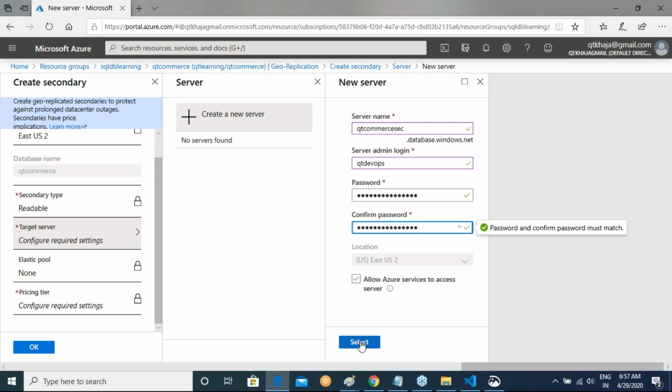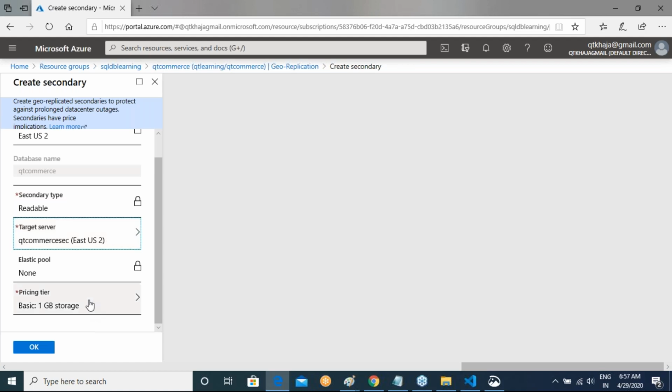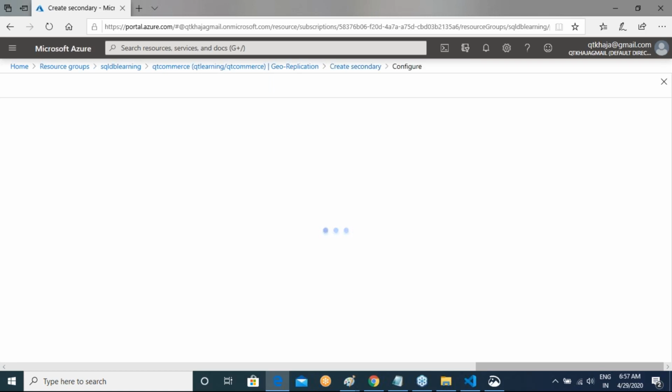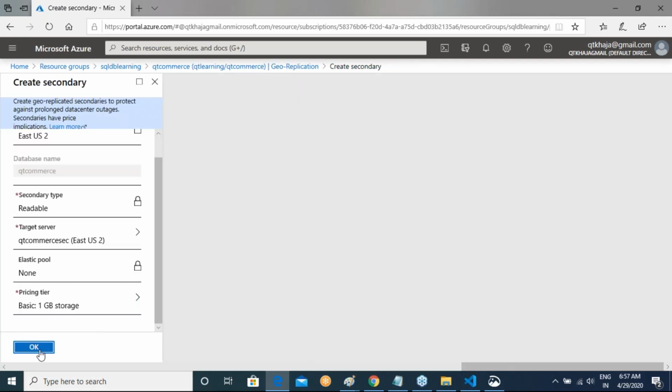So I've selected a server. Then if you remember, it is asking me about elastic pool. We know what this elastic pool is, and by default it will try to suggest the same kind of machine which you have taken in the primary region. I'm absolutely happy with that, so I click on okay.